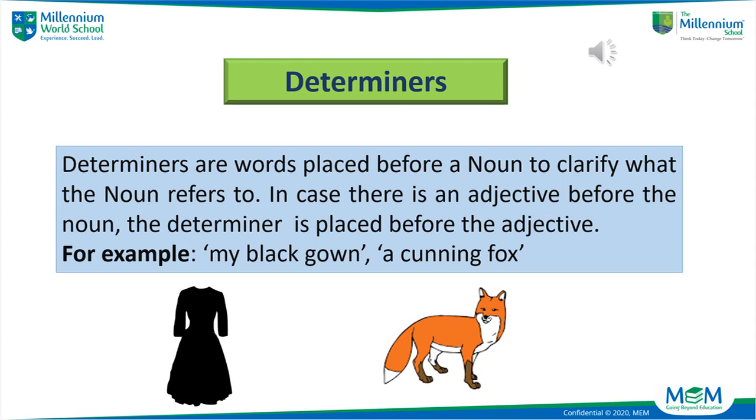In case there's an adjective before the noun, the determiner is placed before the adjective. For example, my black gown, a cunning fox. My and a are the determiners. Black and cunning are the adjectives, and gown and fox are the nouns.